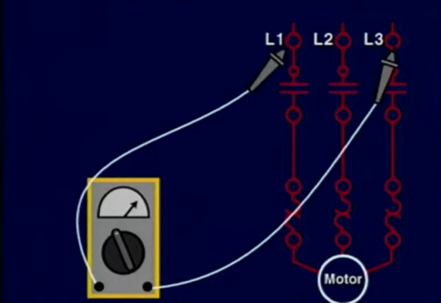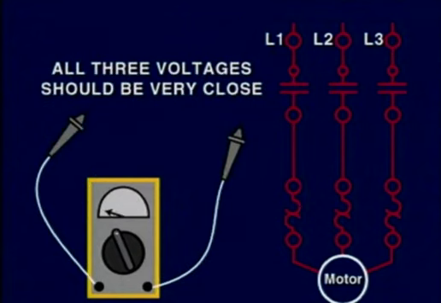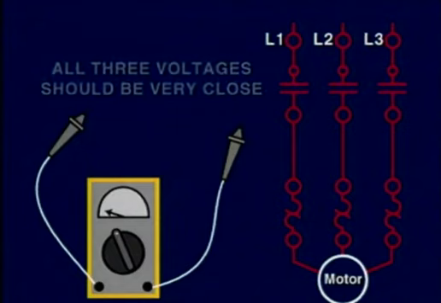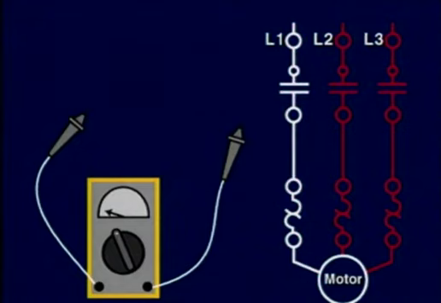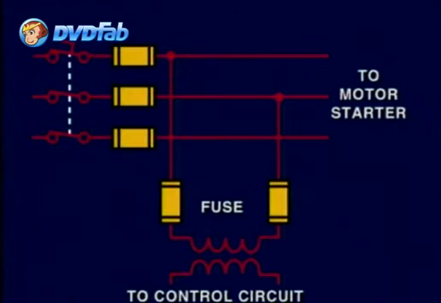We should be able to see a very close voltage reading among all 3. This line voltage should also be within 10% of our motor's nameplate voltage rating to avoid a high or low voltage problem. If there is no power in either one or all of the lines, we need to trace back our troubleshooting to the supply voltage and fuses that feed this motor circuit.